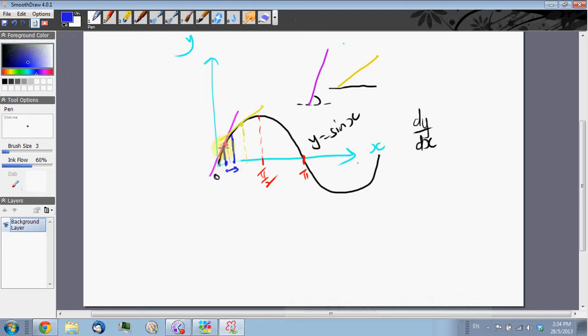I say that from here to here, the increase is this much, correct? And even if something is decreasing, I have to say from here to here, the change is this.